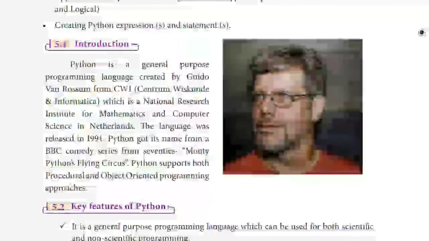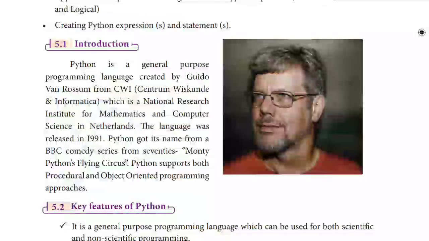Introduction. Python is a general purpose programming language created by Guido van Rossum at CWI, the institution where he worked, the National Research Institute for Mathematical and Computer Science in the Netherlands.